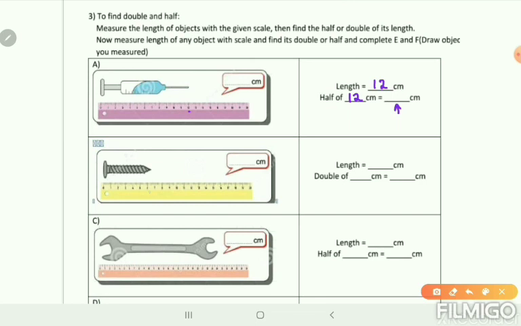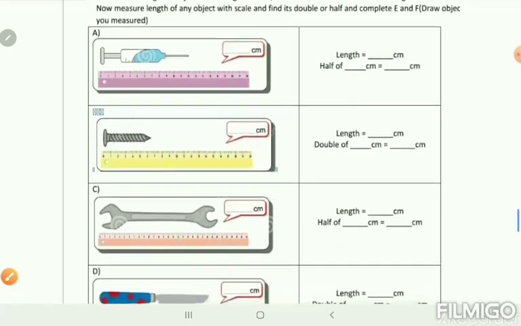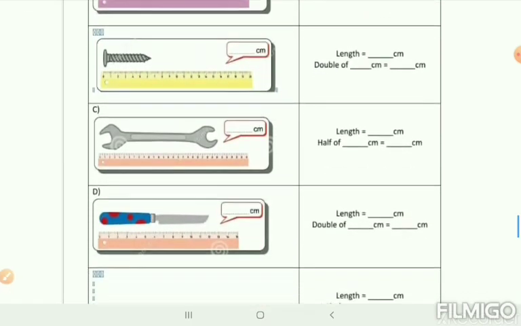You can take it approximately 6 or 6.5 or 7, whatever. Then write the measurement here, and then you have to find the double of 6. To find double, you already know that you multiply it by 2 and then find the answers. Similarly you are going to do A, B, C, D.